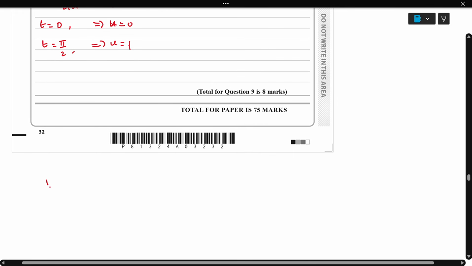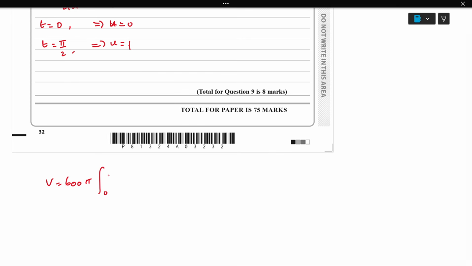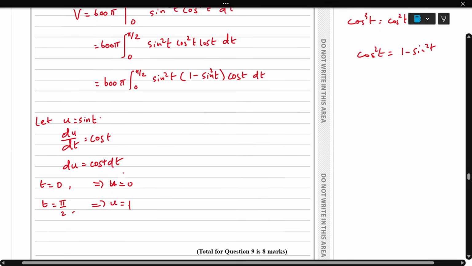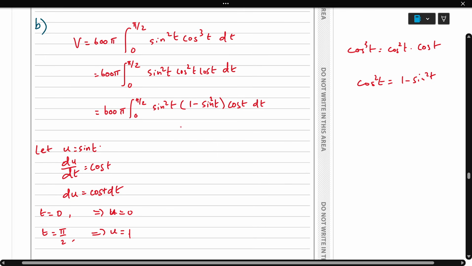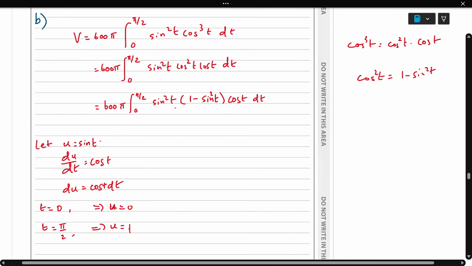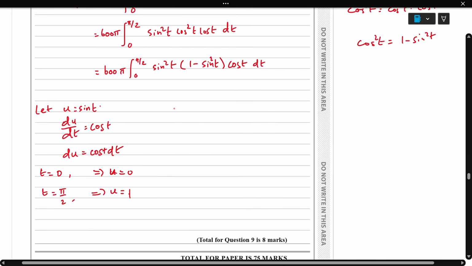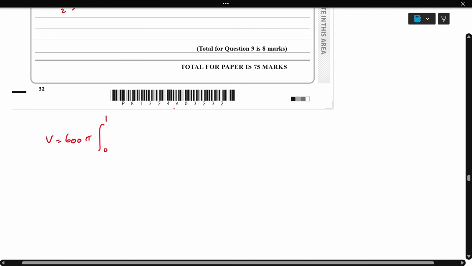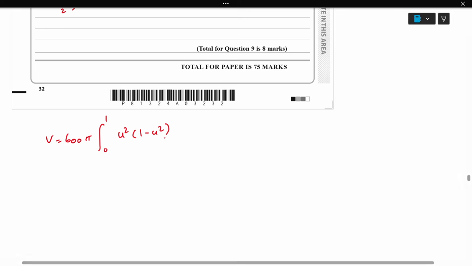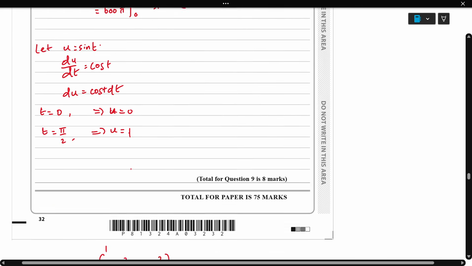Now we'll go with our integral. Volume equals 600 pi integral 0 to 1, with sin t equal to u, so u squared into (1 minus u squared) into cos t dt, which I can write as du.